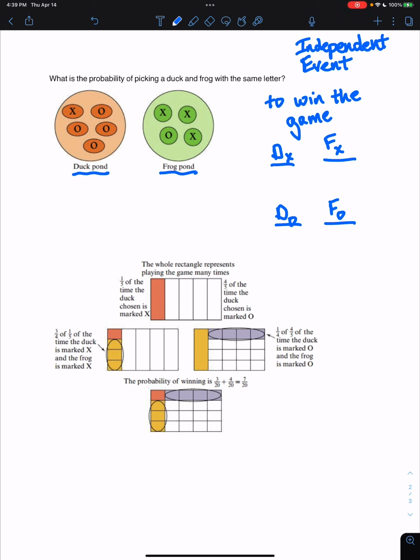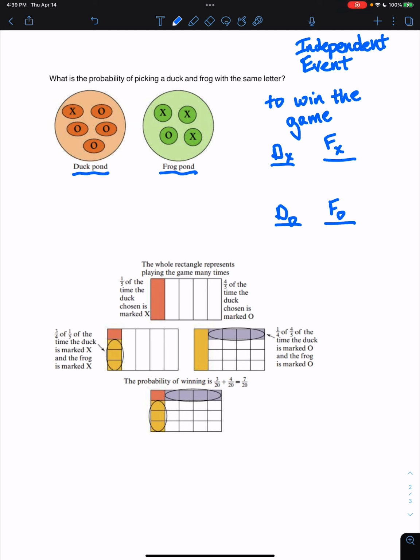All right. So down here, I have a diagram. This is taken out of your book if you want to look at it in your book. We have this rectangle, and the rectangle represents playing the game many times.